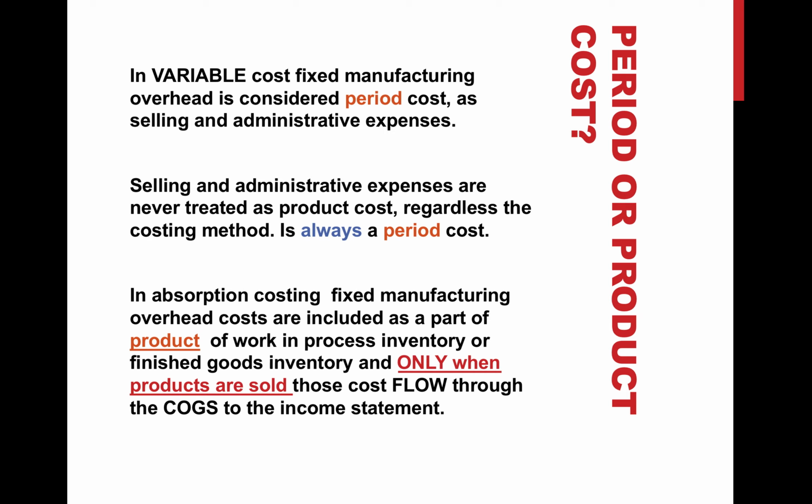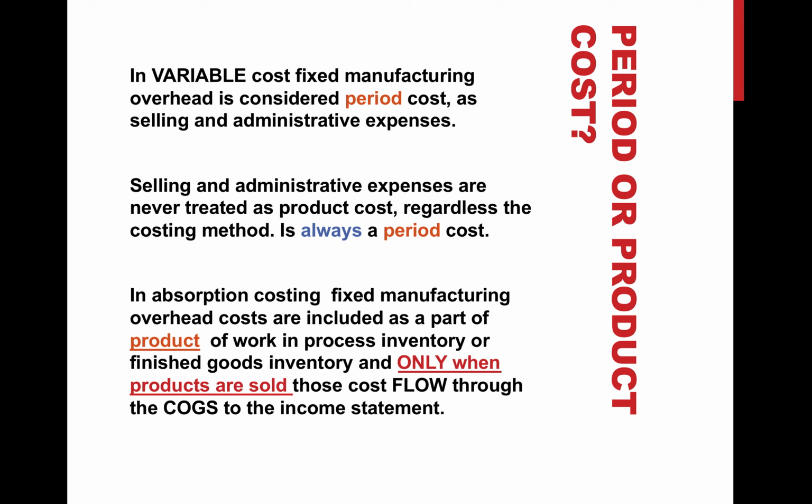For example, if we have a fixed expense of the salary of the CFO of the company, no matter if it's the salary of August, September, or October, it is always a period cost. You never add it to the cost of a product. The salary of the CEO or the CFO is always treated as a period cost. The sales commissions are variable costs of selling.